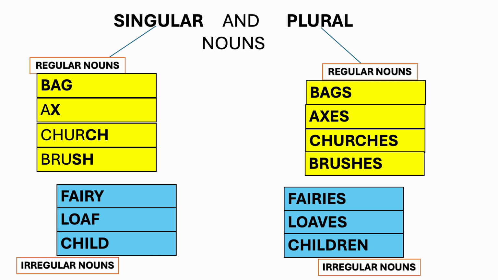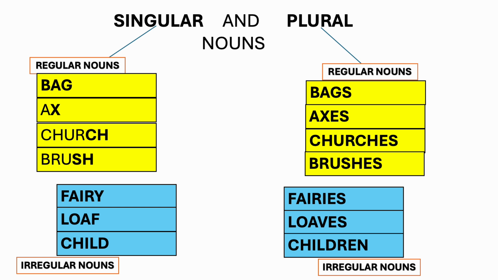And if the noun, like for example, fairy, became fairies, loaf became loaves, child became children, those are irregular nouns. If you analyze the word fairy, we change the letter y into i and we add es to form its plural, fairies.